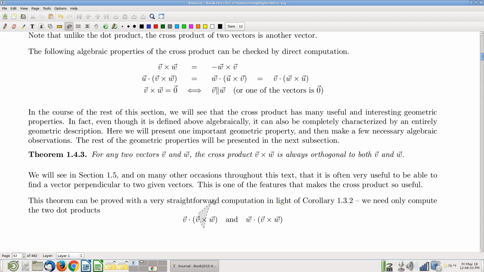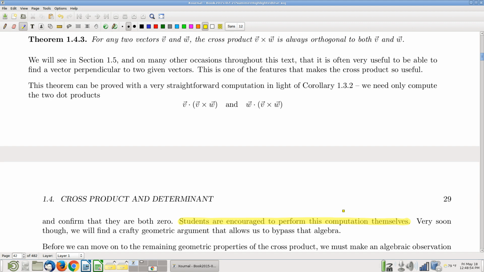We have formulas for cross product. We have a formula for dot product. So this is just brute force, plug and chug. So I encourage you to compute both of these things. It's not that bad even. It's just 6 terms in each calculation, and it just turns out they cancel. Okay. All right.